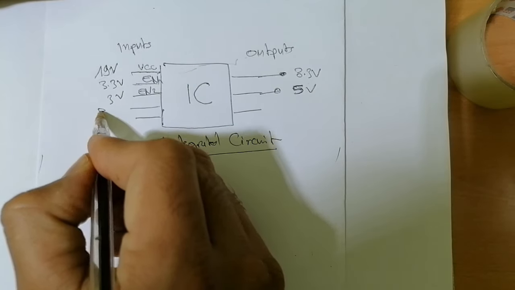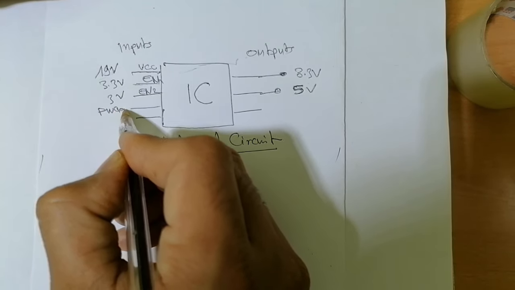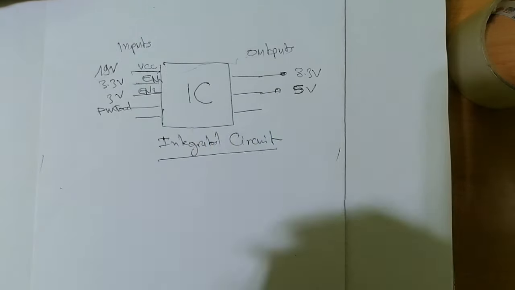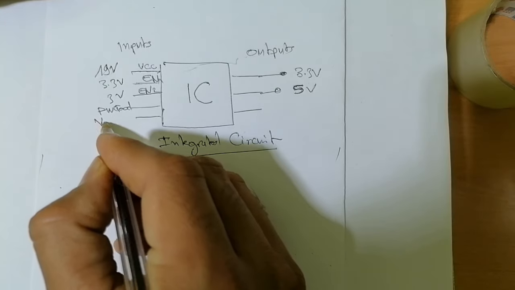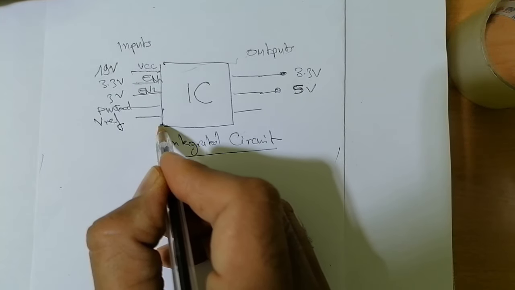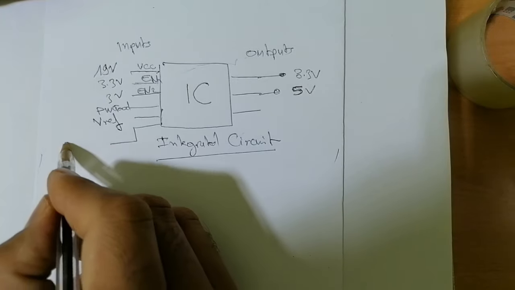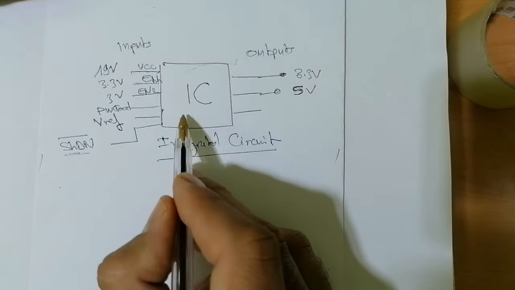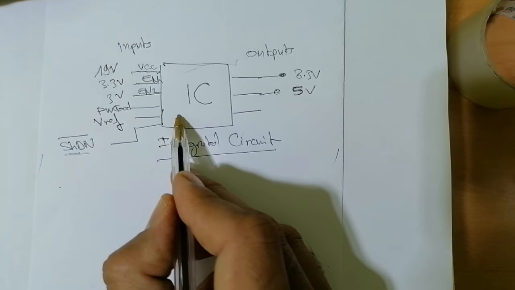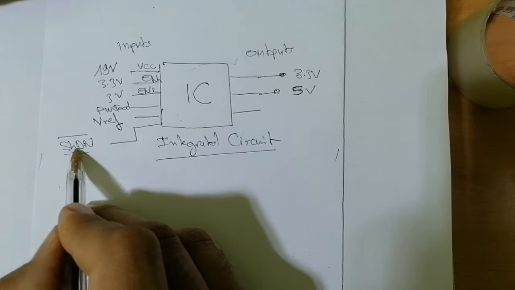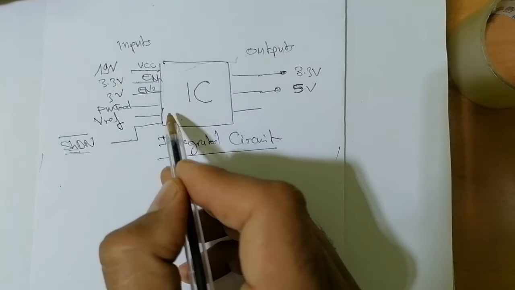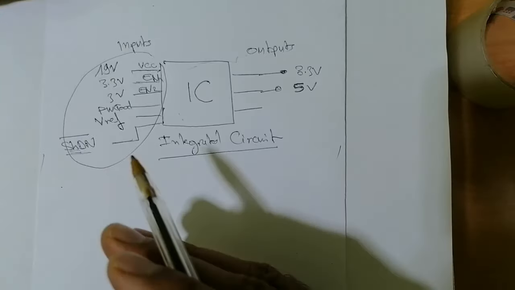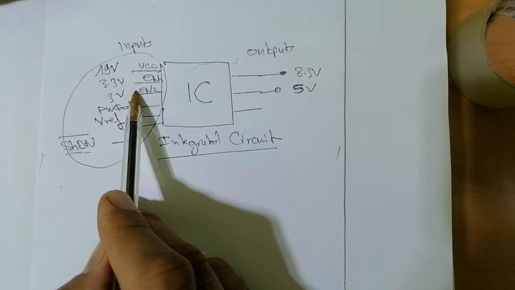Also, the IC needs the power good signal, and other signals like V reference, and also other signals like the shutdown signal. Basically this signal is to protect the IC. When the IC becomes very hot, this signal will be activated and the IC will stop working. So all these signals and other signals are inputs.